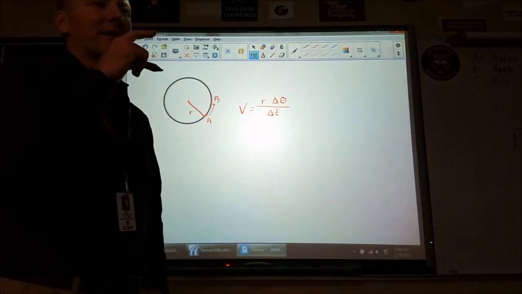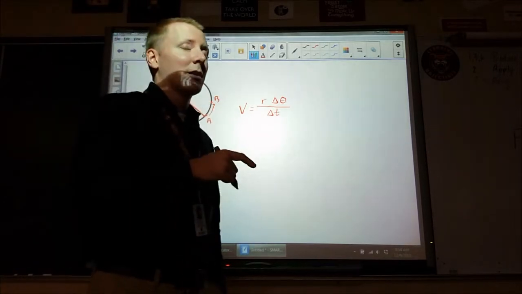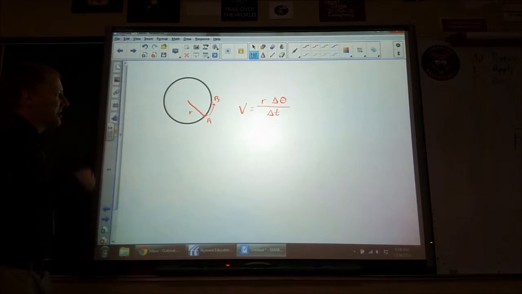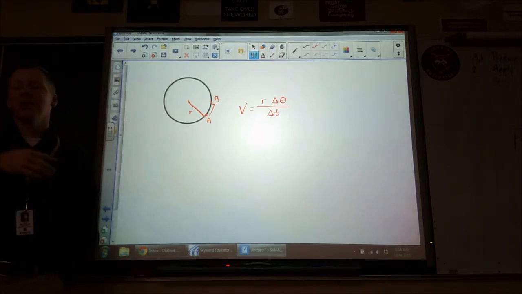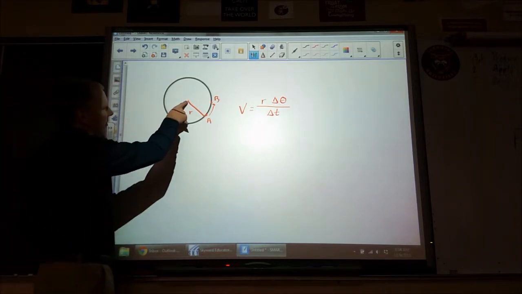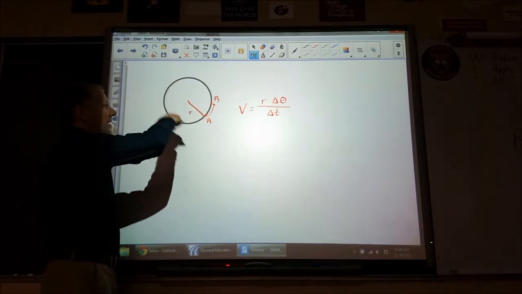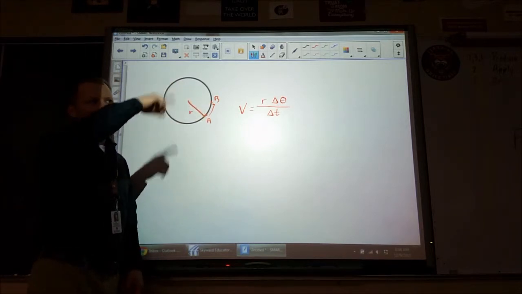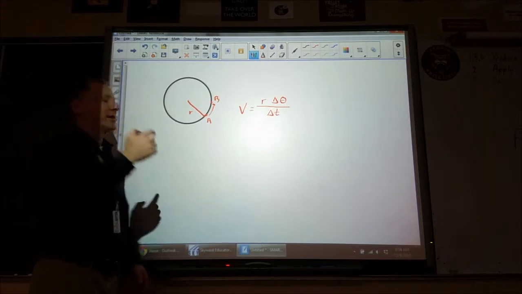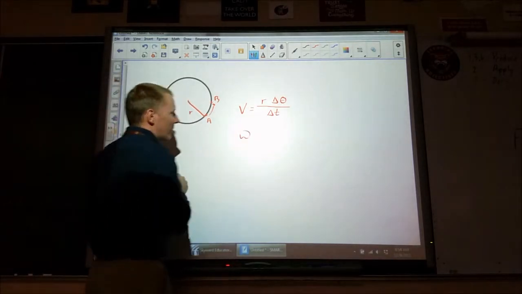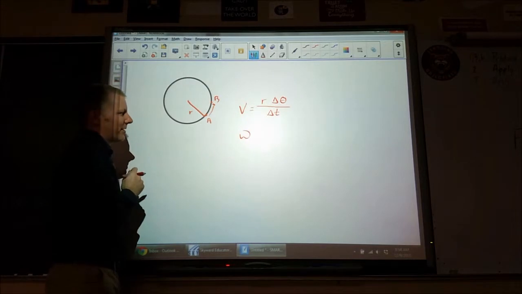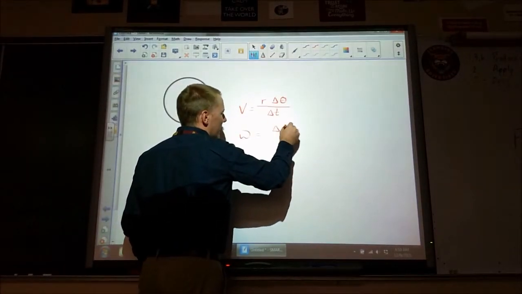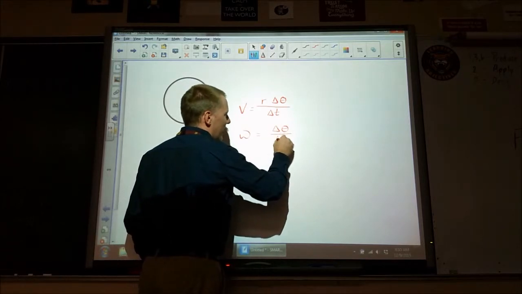Another way to look at this that we don't really cover is something called angular velocity, and that's just when you've got something spinning, how fast is it spinning? That would include any point along this radius, because it's going through an amount of the angle every second. And that's this lowercase w looking thing that's omega, and that is going to be the change in the angle divided by time.